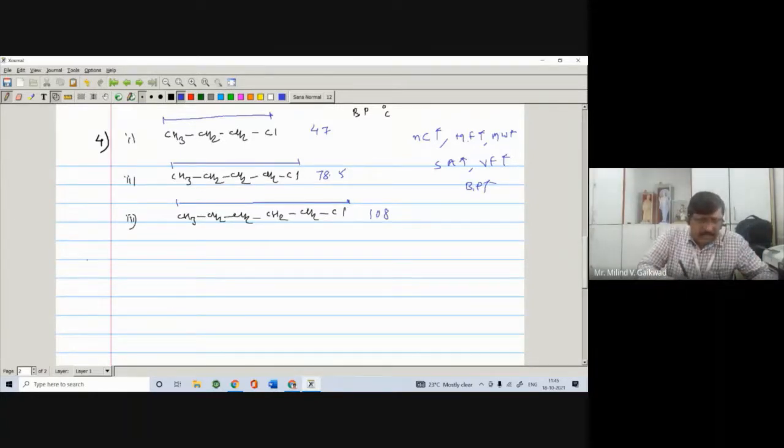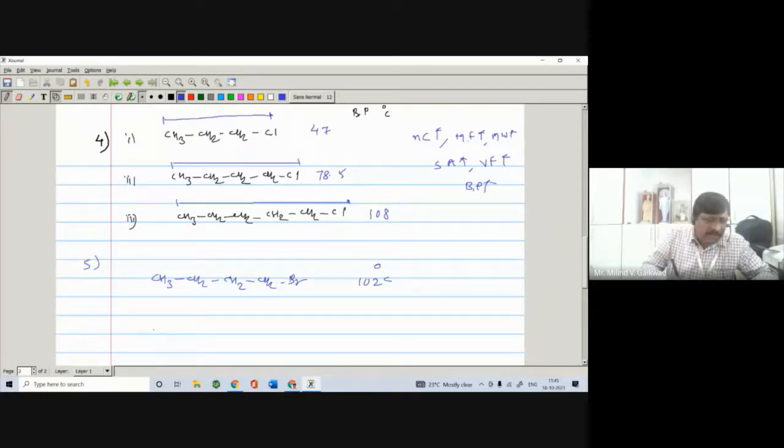Now the next example. Suppose we have this type of example. Here is CH3, CH2, CH2, then CH2 and Br. n-Butyl bromide: the boiling point is found to be 102 degrees centigrade.